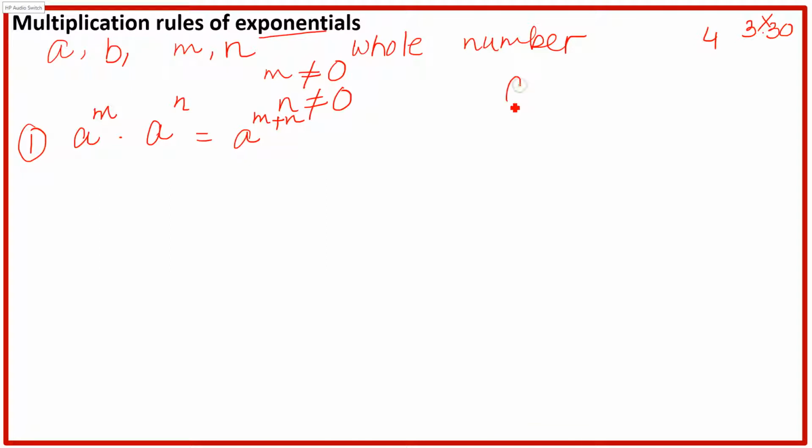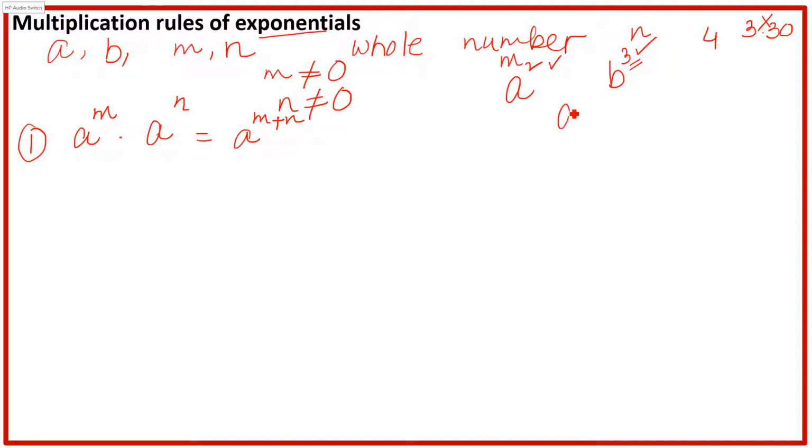Suppose I say A squared, this square is called M. If I say B cubed, this is the exponent or power, and this is N. M and N should not be equal to 0.